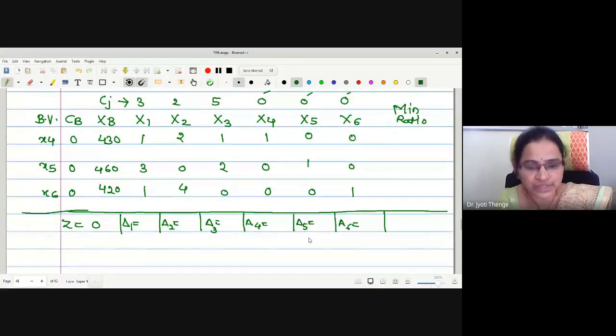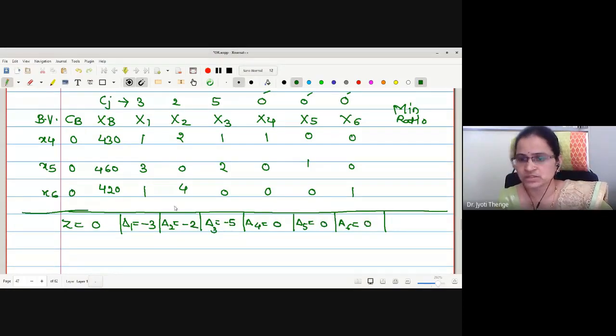Let us use all the tips now. For the first table, delta j's are nothing but negative Cj's: -3, -2, -5, 0, 0 and 0. Let us check. The formula for delta 1 is CB x1 minus C1.